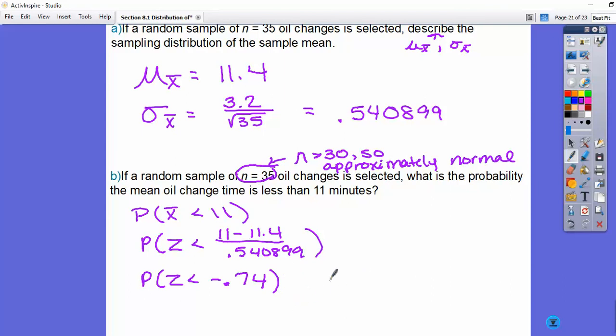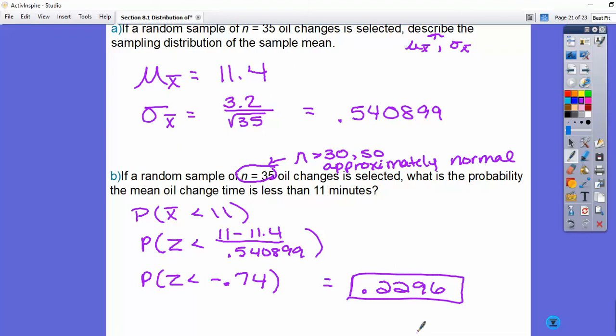So if my z is negative 0.74, less than just means I am reading from the table. And we get 0.2296. Any questions there?